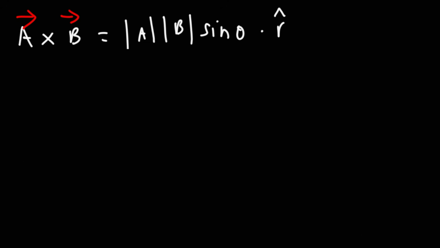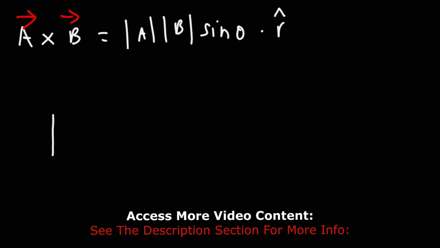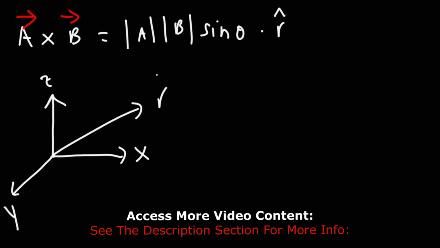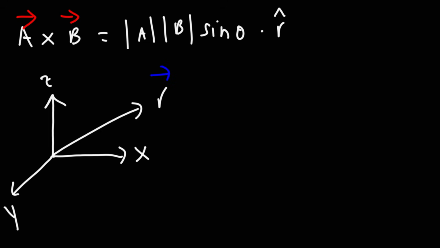So let me show that to you in another way. Let's say this is X, Y, and Z. And here is the position vector. Let's call it RAB. Now A will typically be the origin.